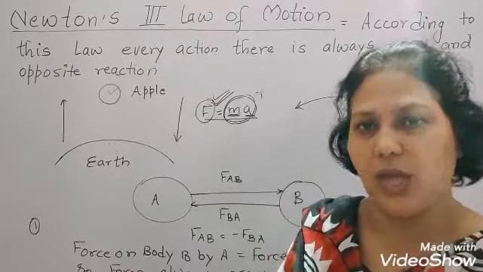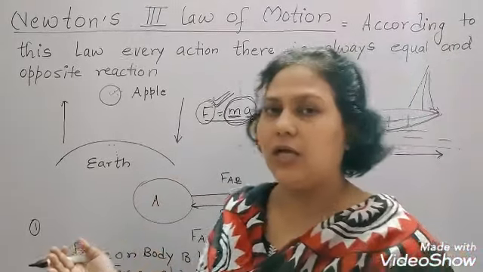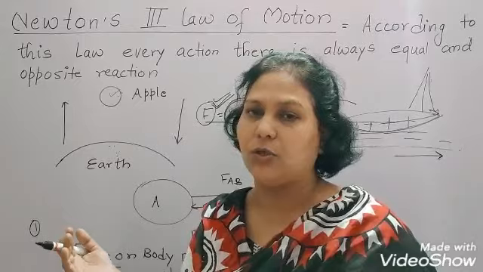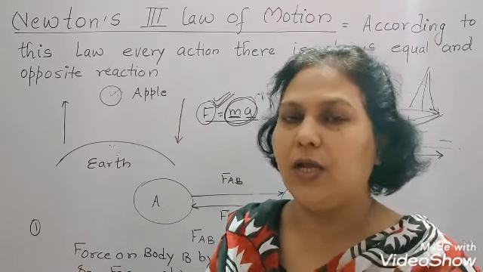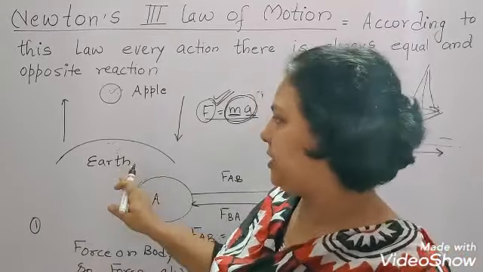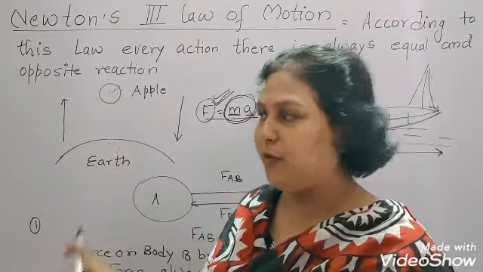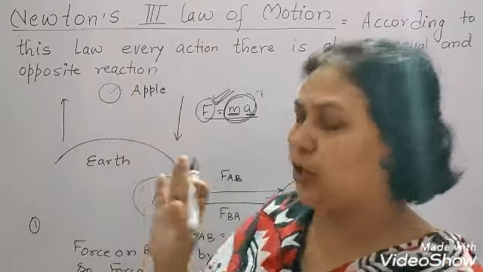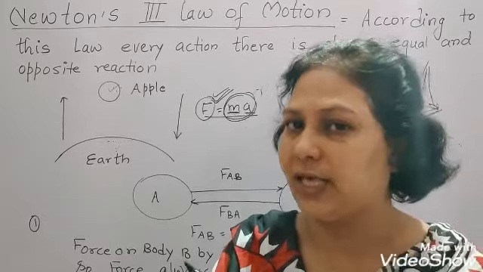Later we will see this example once again in the law of conservation of linear momentum, which is the principle behind Newton's third law of motion, as I said to you.